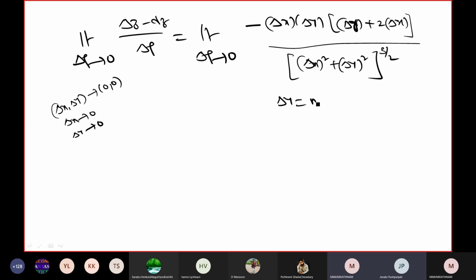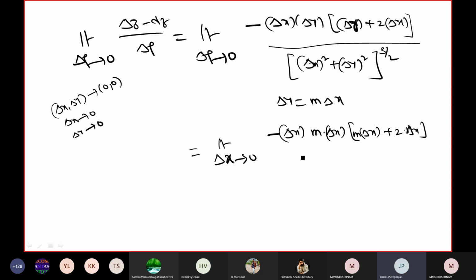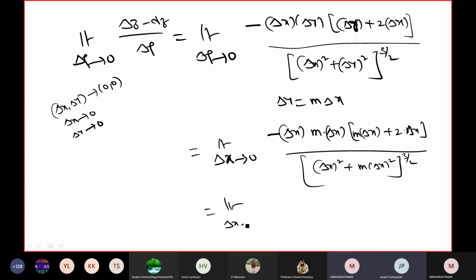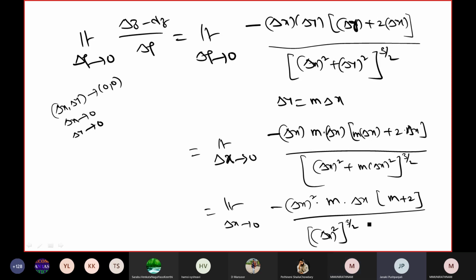Taking delta y as m times of delta x, then limit delta x tends to 0 of minus delta x, m times of delta x, m times of delta x plus 2 times of delta x, by delta x whole square plus m times of delta x whole square whole power 3 by 2. Taking delta x common, we get m plus 2, and taking delta x whole square common, we get 1 plus m whole power 3 by 2.